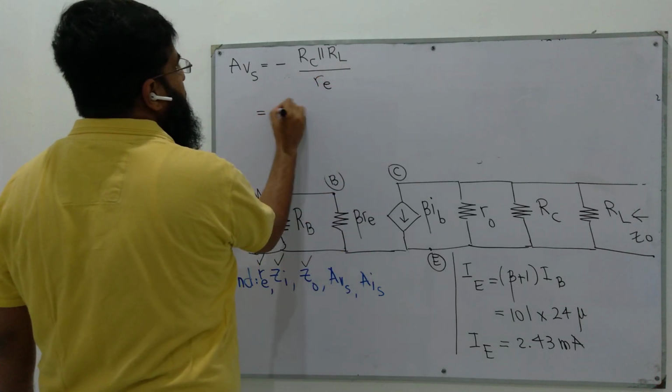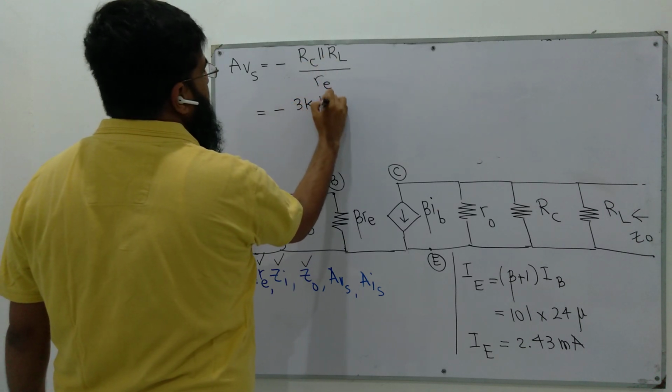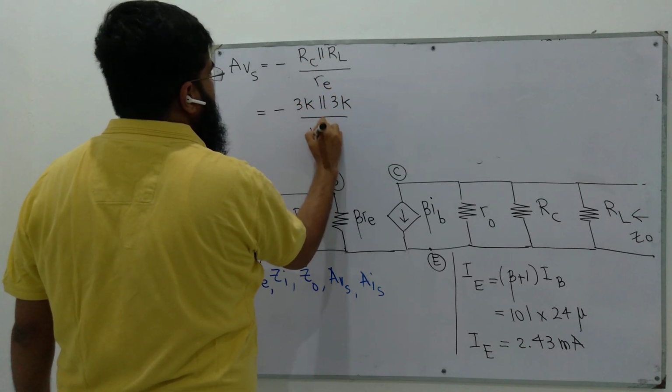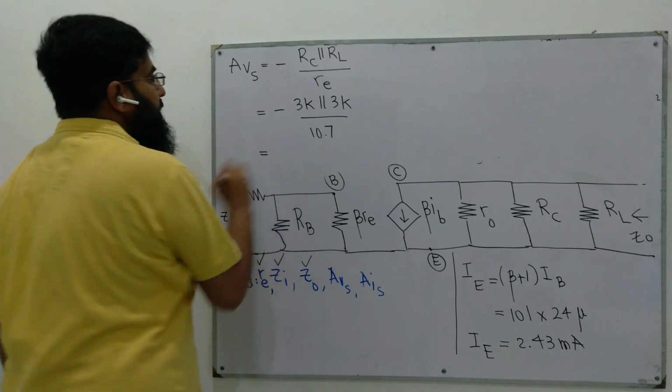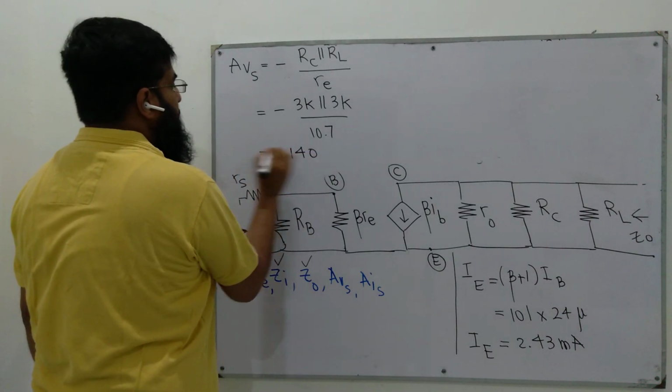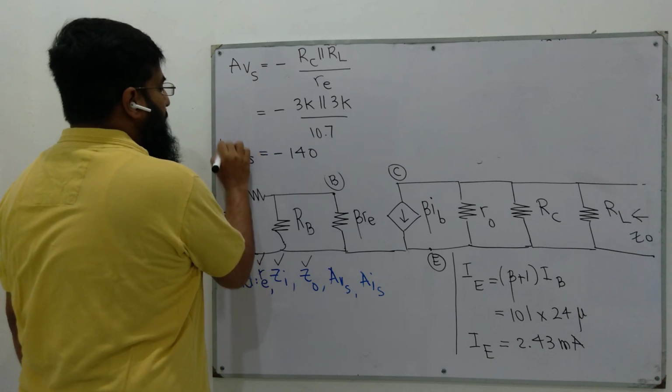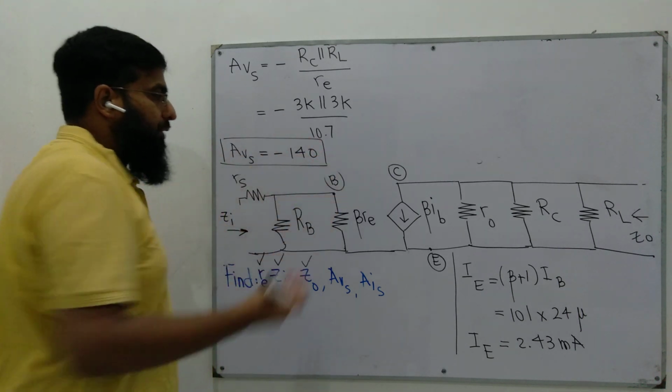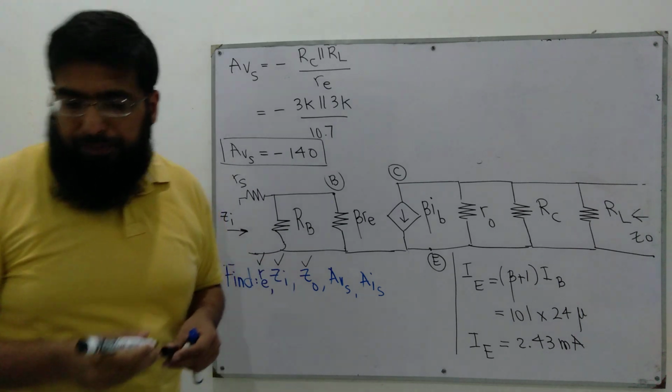So we have all these values: RC 3k in parallel with 3k divided by 10.7 ohms, just calculated. The answer is negative 140. So this provides us a large voltage gain, 140. The output voltage is 140 times the input voltage.